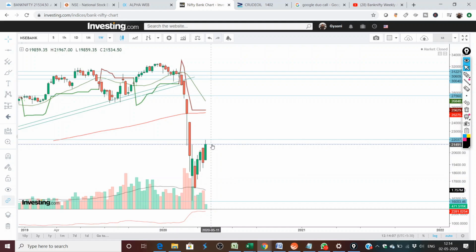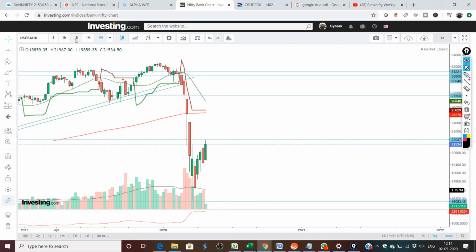If this gets broken, then there will be an upside movement till 25,367, because that's our 200 period moving average which we use. The 200 period moving average will act as the first resistance if it starts moving up. And the ATR for weekly option writing is 2,281.